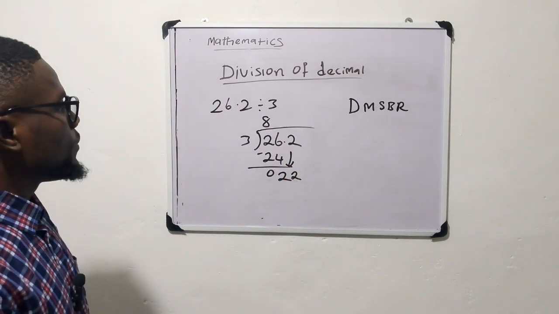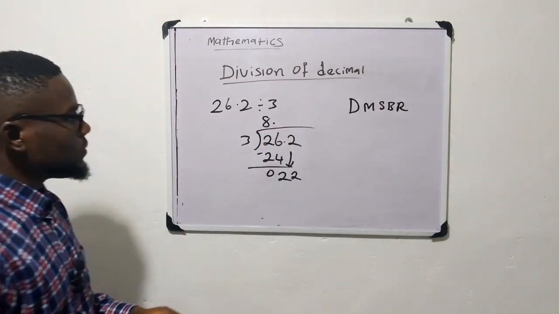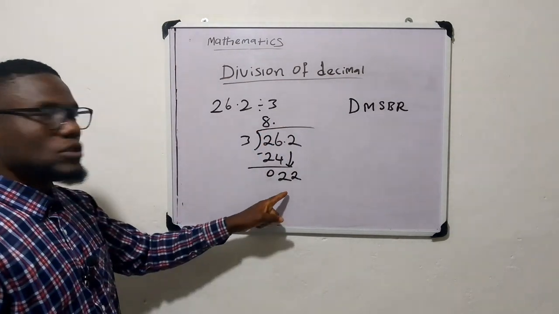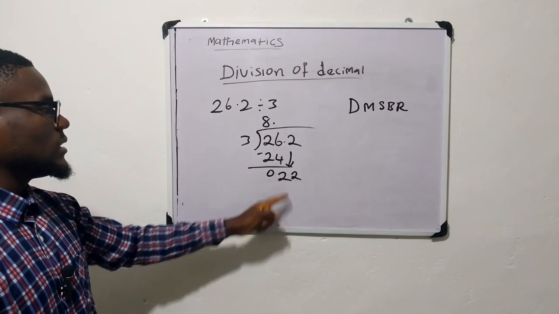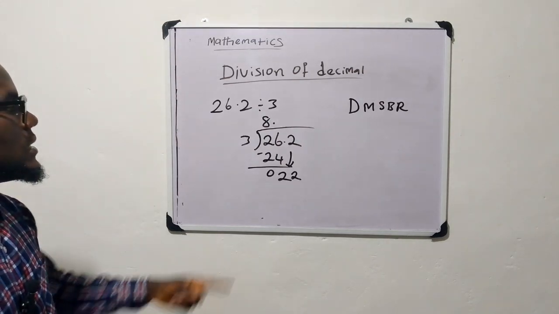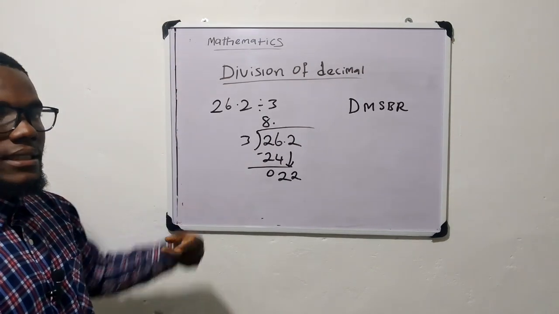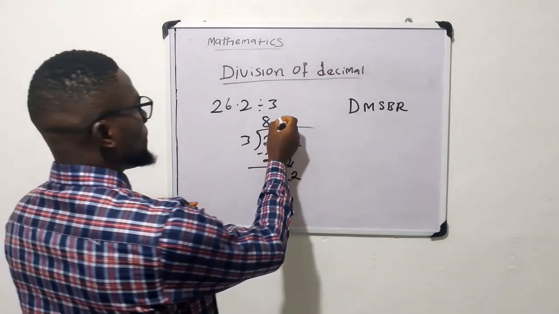Okay, but then remember this decimal point, bring it here. Now we're now dividing 22 by 3. Okay, so how many 3 are in 22? We know that 3 times 7 is 21. So we have 7 here.